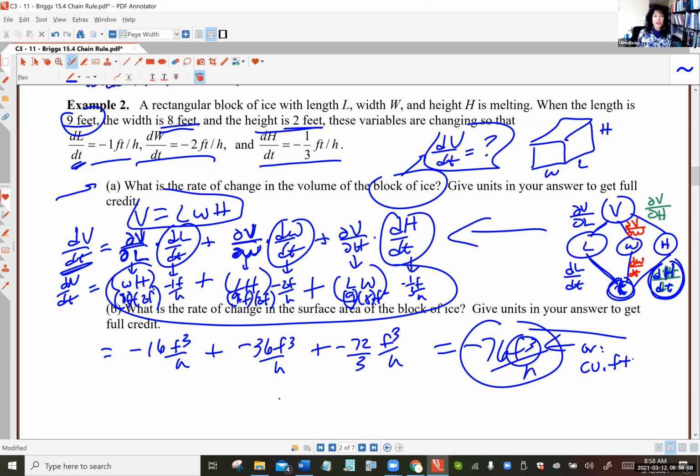If you tell me feet squared per hour, you are sadly mistaken, because volume is cubic feet. So the rate of change of volume is going to be feet cubed per whatever your time units are. In this case, it's hours, but it could be minutes or seconds or days or whatever they decide the unit of time is for that particular problem.